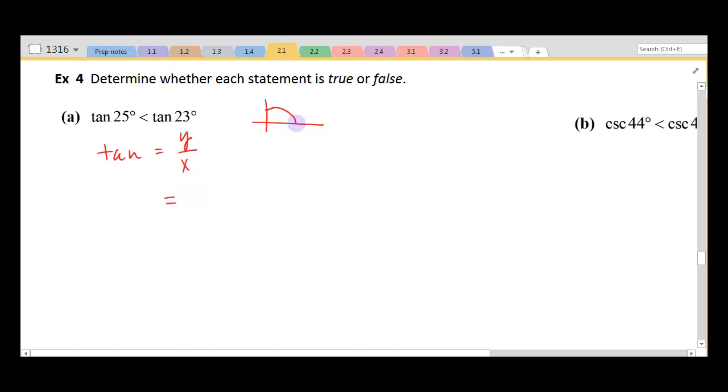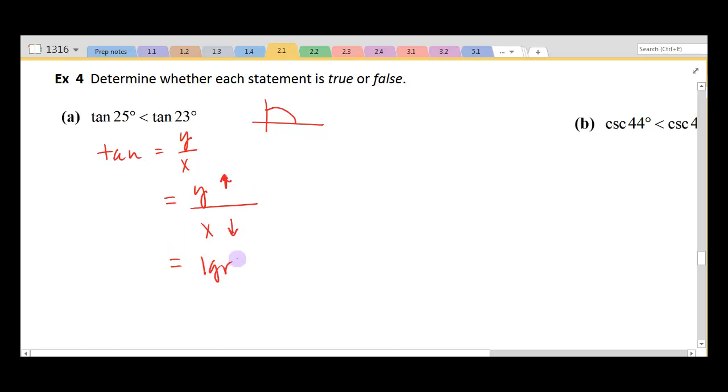For my y values, as the angle is getting larger, the y values were getting larger, right? So y is increasing, but my x values were decreasing. So the numerator in this case is getting larger and the denominator is getting smaller. So if the numerator is larger and the denominator is smaller, the overall fraction ends up being larger.